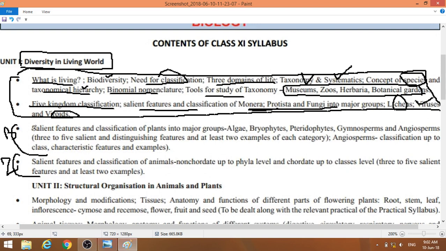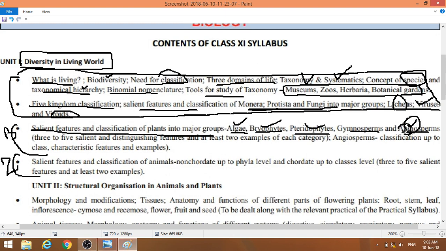Here you will see salient features and classification of plants into major groups. So you have to study algae, bryophytes, pteridophytes, gymnosperms and angiosperms. If you see the ladder of evolution and geological time scale, algae evolved first, followed by bryophytes and so on up to angiosperms. These are advanced plants.